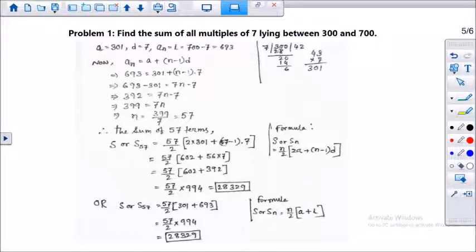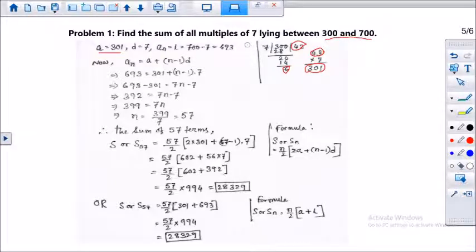After dividing 300 by 7, we will get 6 as the remainder and 42 as the quotient. So we have to multiply 7 with the next number of the quotient, that is 43. So we will get 301. This is the first number which is a multiple of 7 in between 300 and 700.